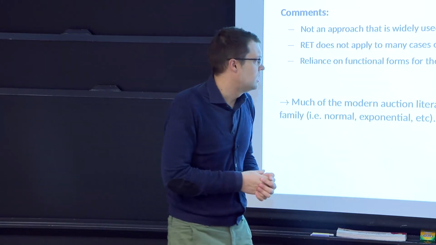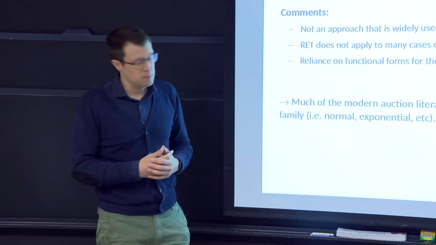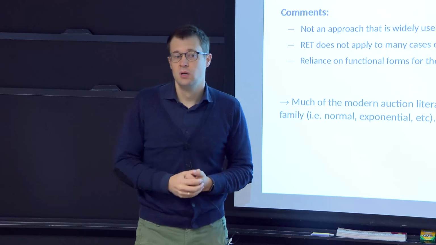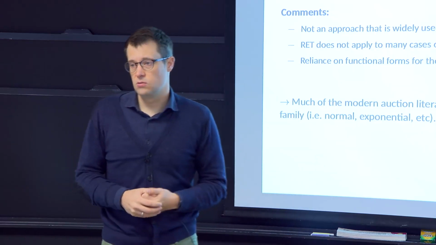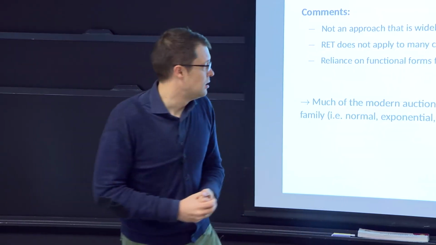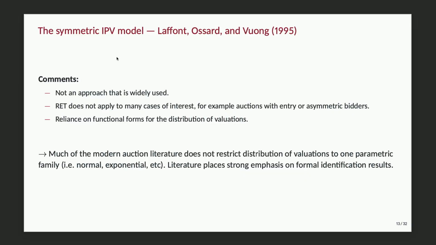Instead, what people are doing is they typically try to identify models non-parametrically, and place strong emphasis on formal identification results. So I want to now have a digression of one slide to talk you through a little bit what that actually means.